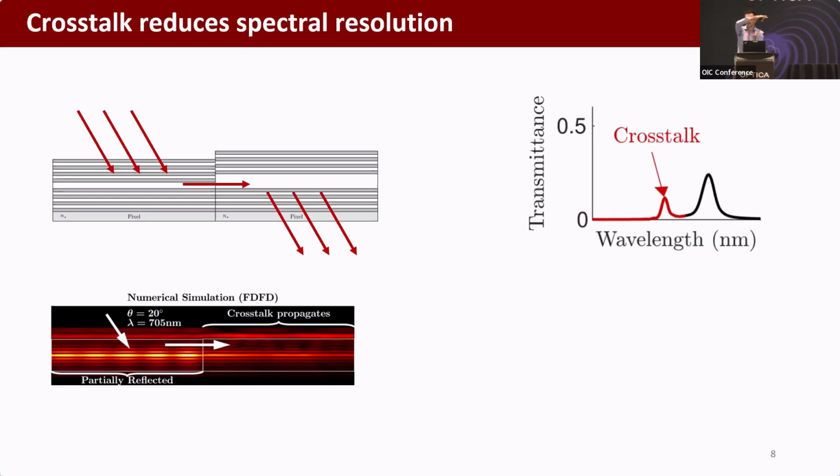It propagates the light towards the neighboring filter, where it can couple into that neighboring filter, which is also a waveguide. There it can continue to propagate and enter the wrong pixel, and maybe even two pixels further, and produce these crosstalk bumps, which reduce your spectral and even spatial resolution. That's confirmed also in numerical simulation.